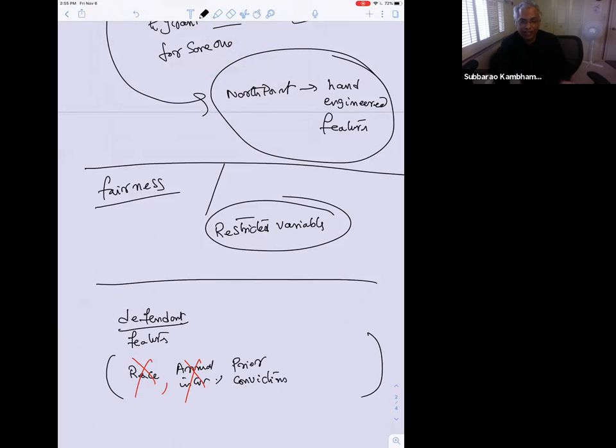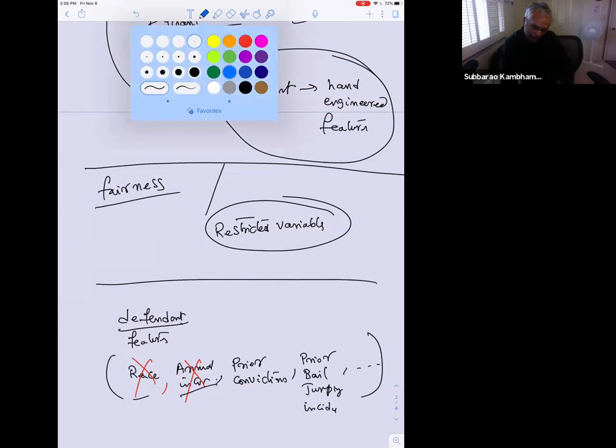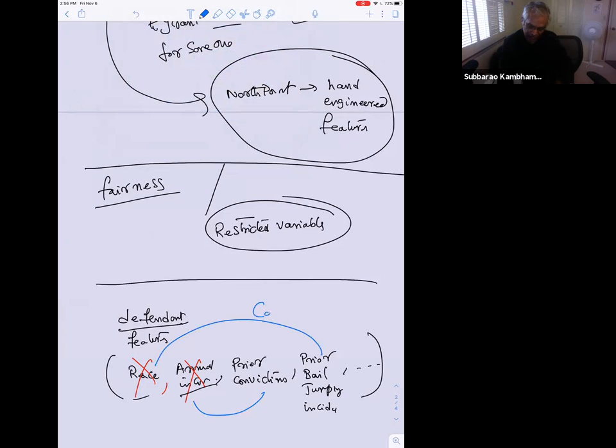If you're a defendant, you would like to know how many times they were convicted in the past. And you might write prior bail jumping incidents, etc. You have to take some features to decide that you're thinking about this particular defendant. And you feel that you certainly did not take any sensitive features because you didn't tell the annual income, you didn't tell the race. But the problem is there may be correlations.